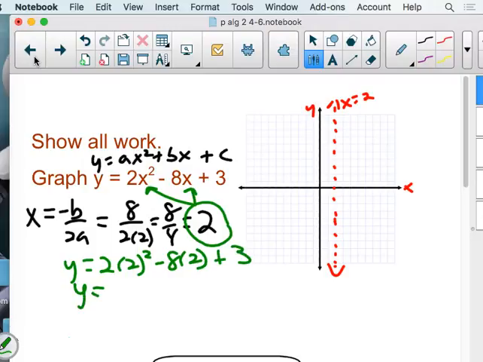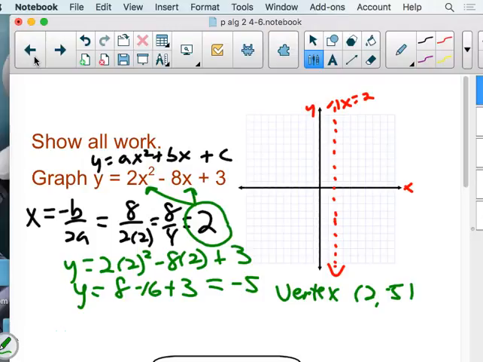Well, 2 squared is 4. 4 times 2 is 8. 8 minus 16 plus 3. Negative 8 plus 3 is negative 5. So our vertex is at 2, negative 5. 1, 2, 3, 4, 5. Well, that's not a parabola. It's a dot on a dashed line.